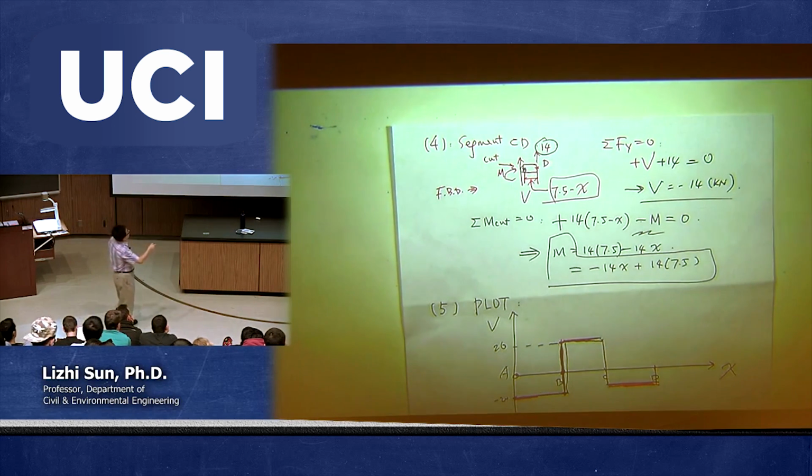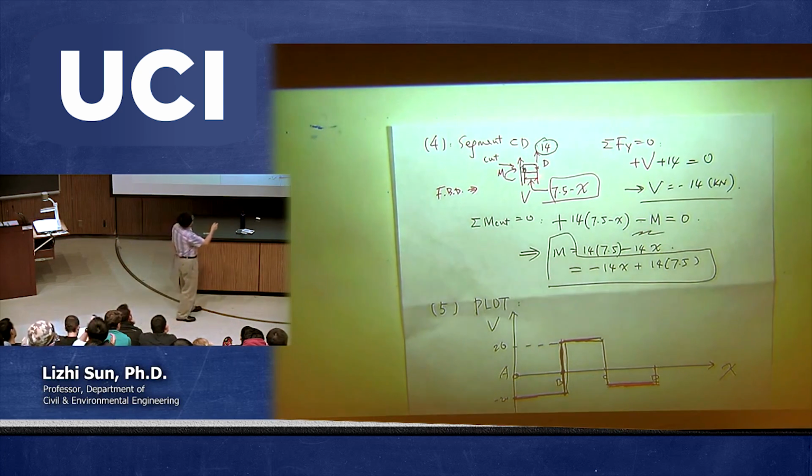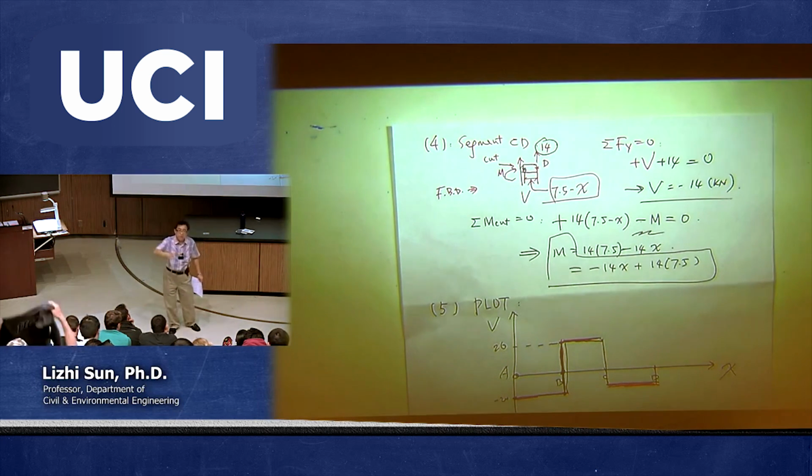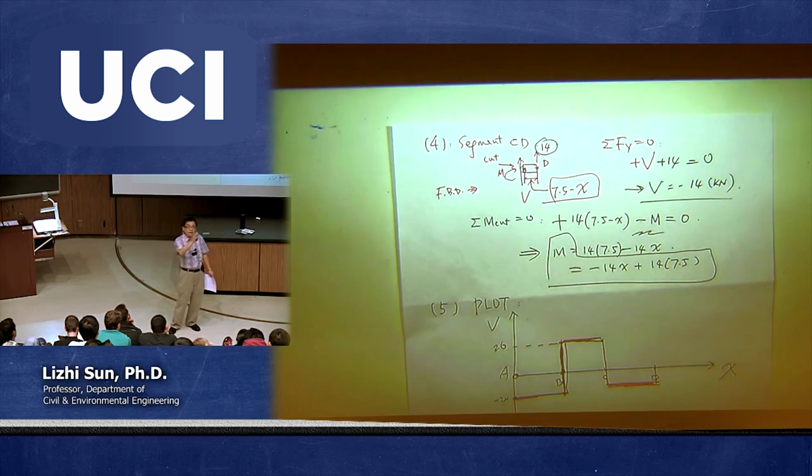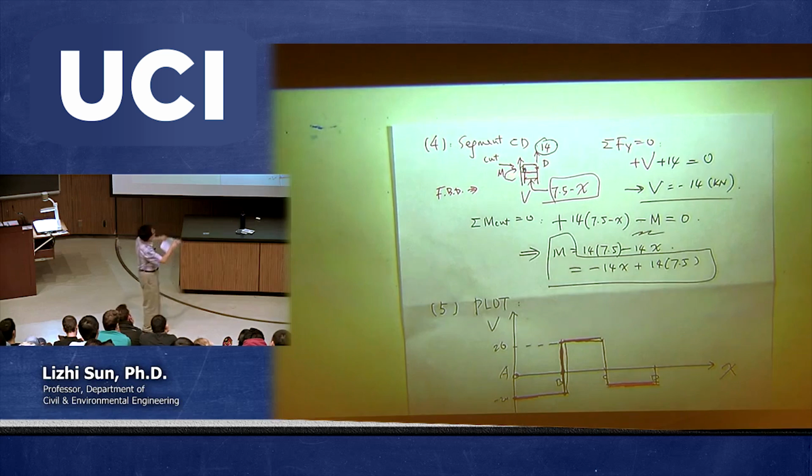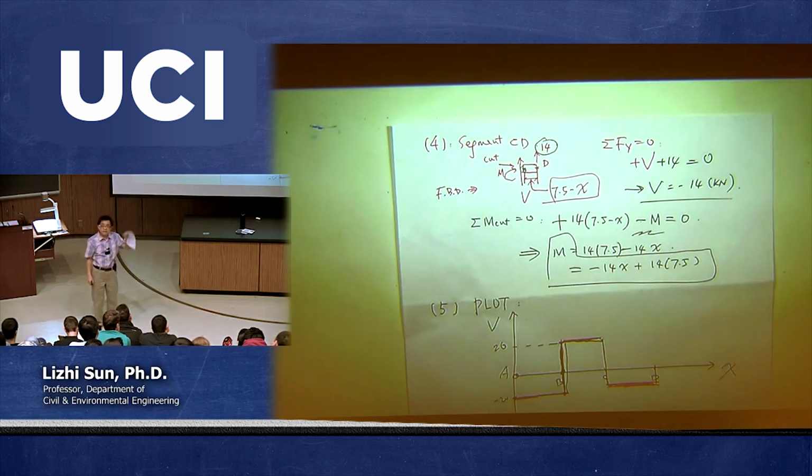Now, you say, well, what's the distance? Because every time we make the cut, we need to identify the distance using a variable. You can say, I would like to call this one to here x. In fact, it's fine, but later I need to switch back. So I would like to make a consistent definition of location at the very beginning. That's why my definition is that from the cutting point always to the very left is called x. x can be different because the domains can be different.